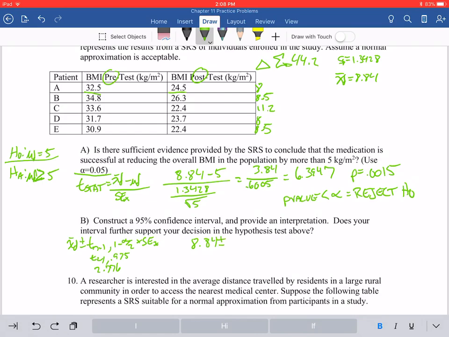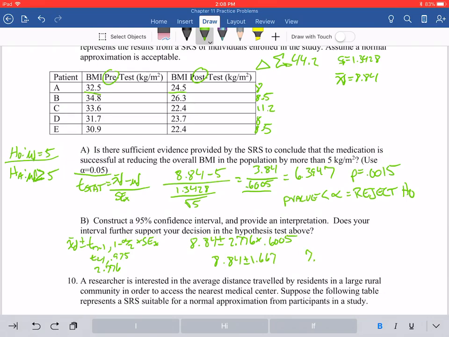So we're going to have 8.84 plus or minus 2.776 times the standard error of x, which we already calculated from above, 0.6005. So 8.84 plus or minus 1.667.